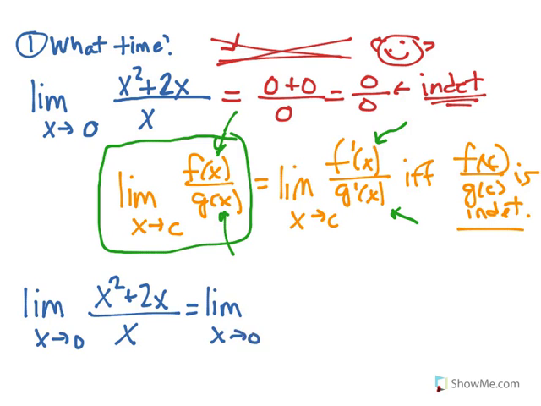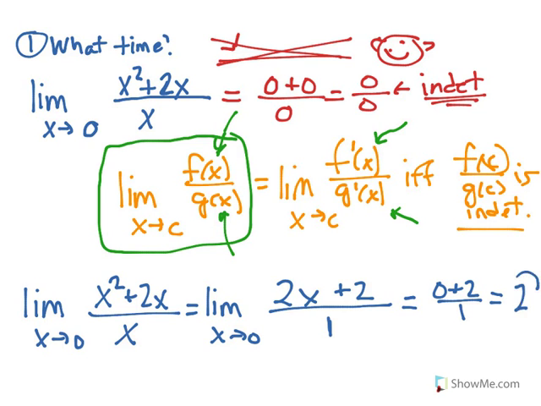I'll take the derivative of the top now. The derivative of the top is going to be 2x plus 2, over 1. And now I can put the 0 in there, and I get the limit is equal to 0 plus 2 over 1, which is equal to 2. Ooh, that was nice and easy.